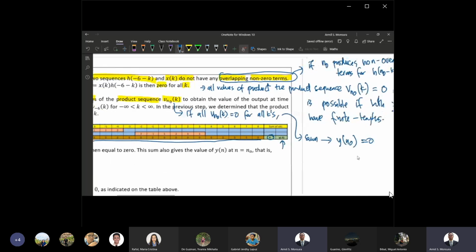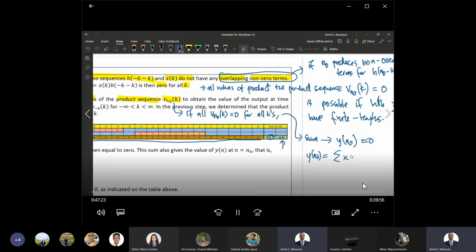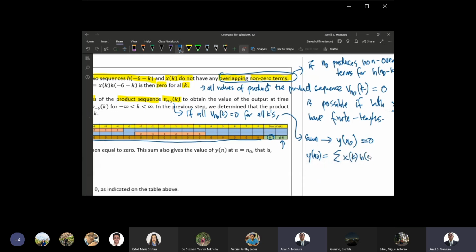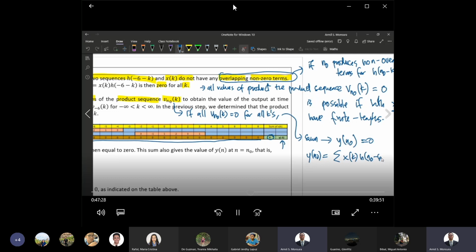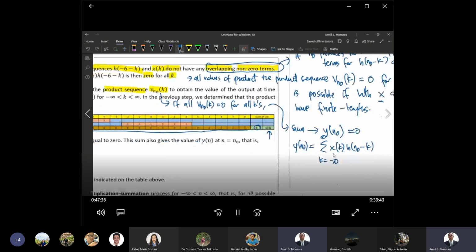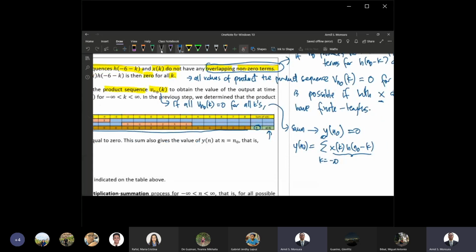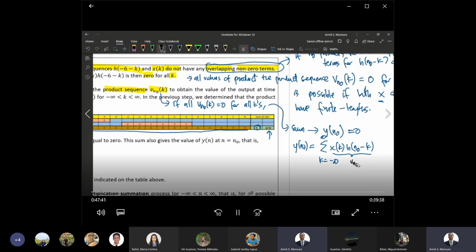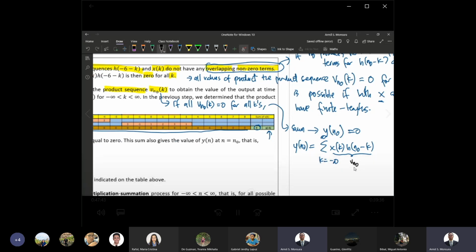Okay? So again, y of n0 equals the sum of x of k, h of n0 minus k, for k equals negative infinity up to positive infinity. Itong product na 'to, yan yung v of n0 ninyo. So ngayon, pag inadd ko yan, at walang lumabas na sum, therefore, yung signal value at this particular shift will also become 0.